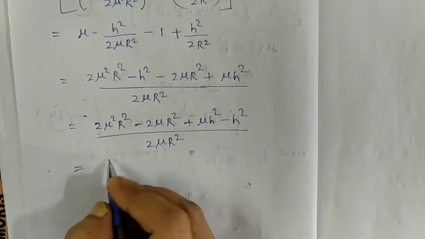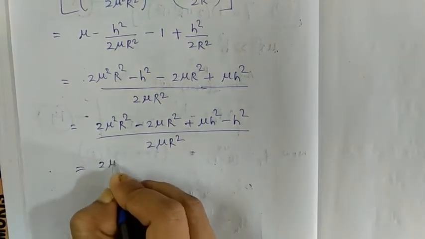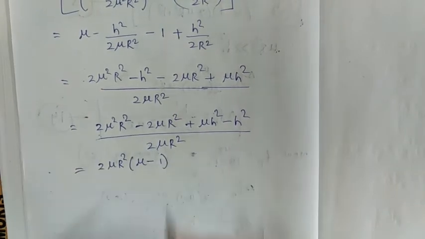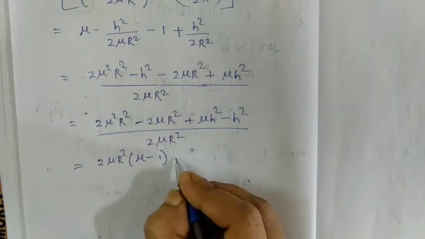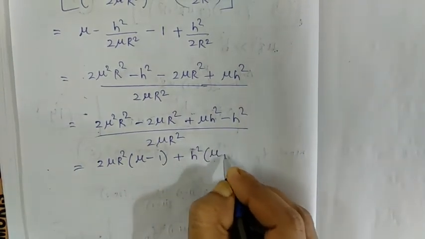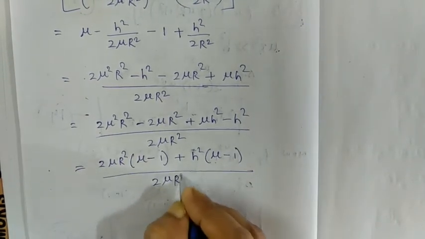So this equals to, you can take common here, that is 2 mu r square. So in bracket we will get mu minus 1. Again here you can take common h square, so within the bracket you will get mu minus 1, whole divided by 2 mu r square.